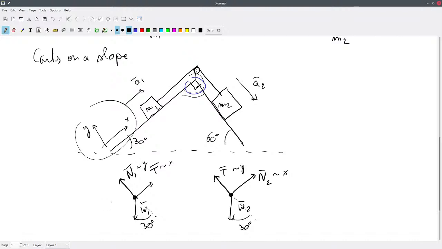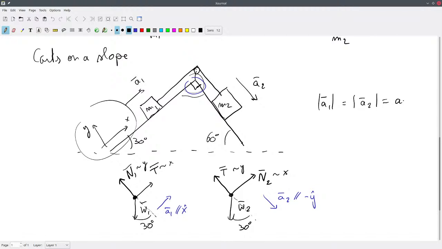Of course, in the first case, we're going to have an acceleration a1 in the x direction, and in the second free body diagram, a2 will be along the minus y direction. But the magnitudes will, of course, still be the same. a1 in magnitude is equal to a2 in magnitude, and will be equal to just the number a.